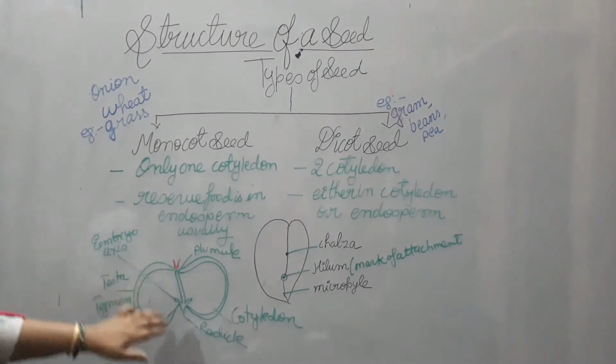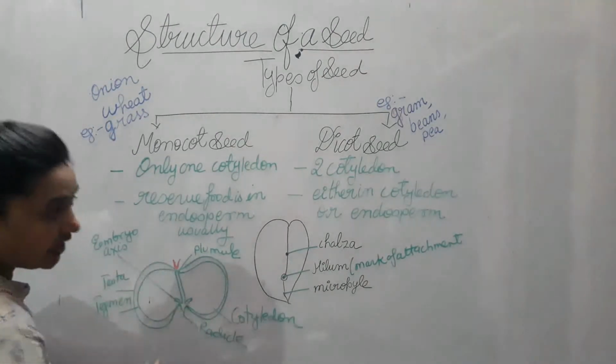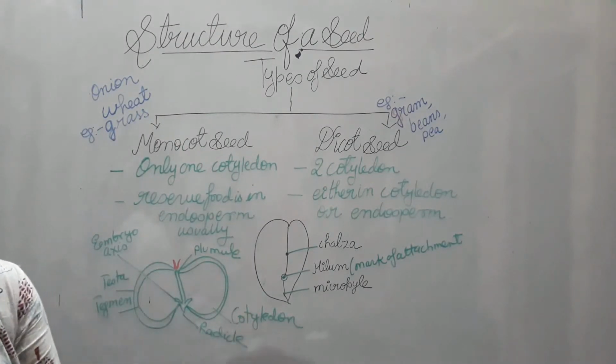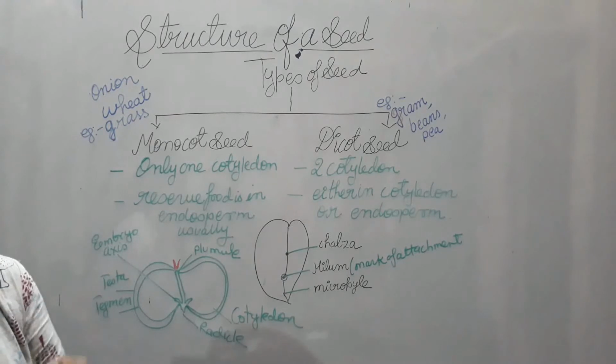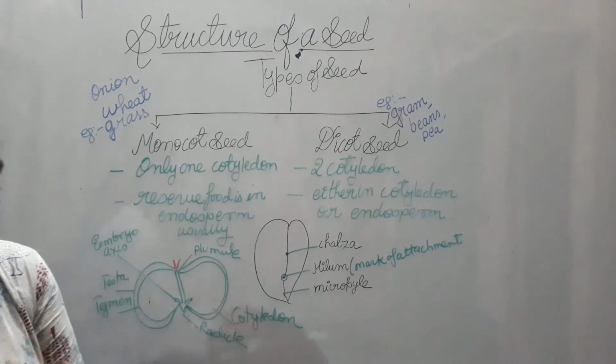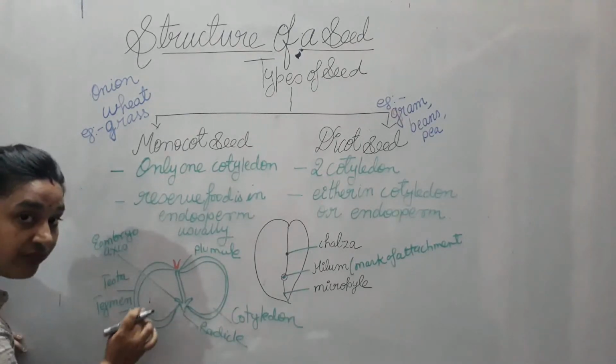Here I had made a diagram as an example of the gram, that is the chana. If you soak it, and after soaking it germinates or sprouts, you can easily open it up and see for yourself. What you will see is that it has a brown covering, right?